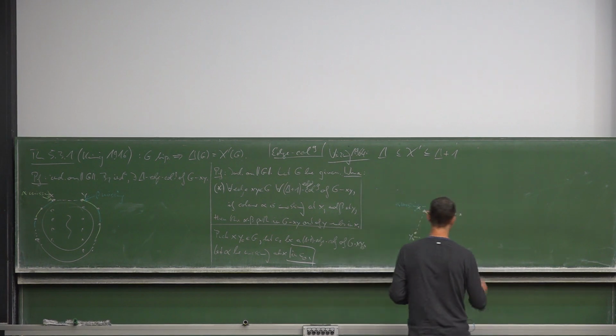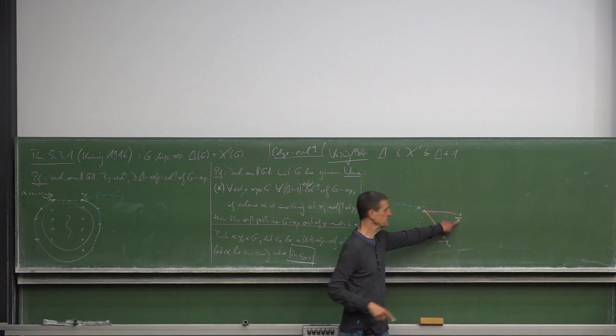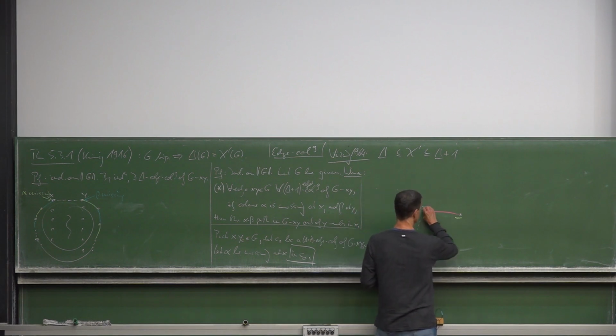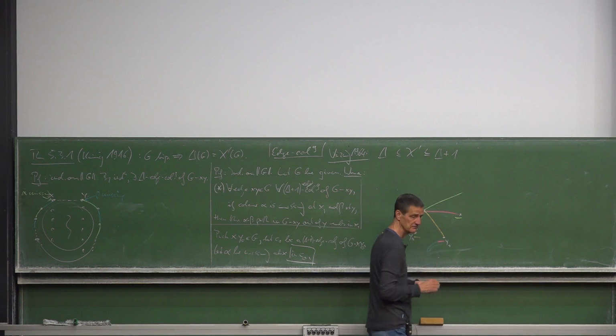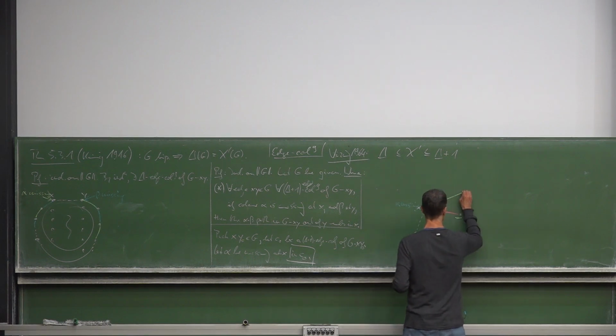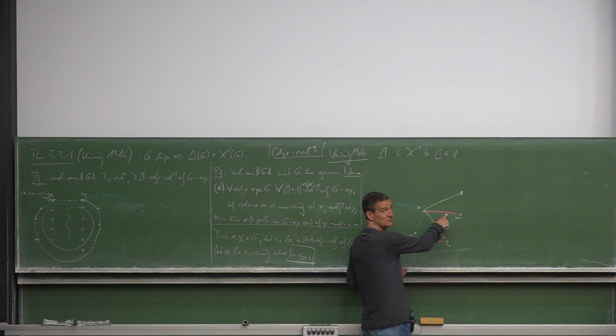So here there's another color missing. This one here is green. And then there must be a green edge out of there. For the same reason, if there wasn't a green edge at X, we could just color this green instead of red, use red for this instead of yellow, and use yellow here.